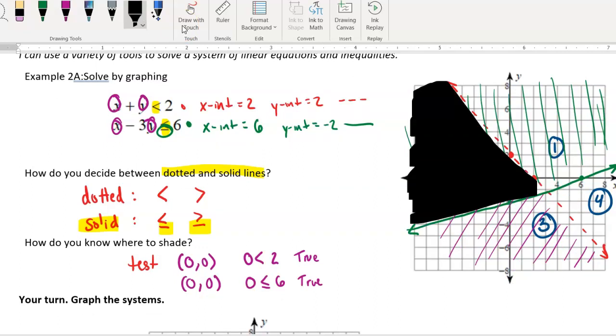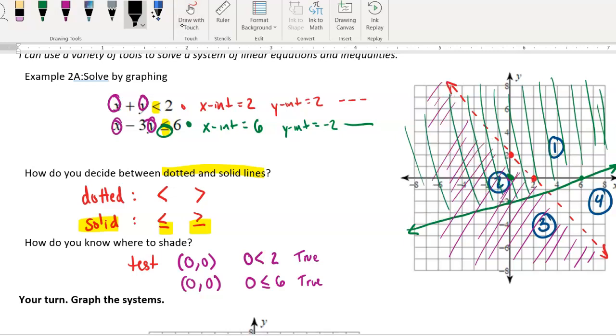So if you picked any point in there, I'm just going to erase this black section for a second. Let's say I pick a point like, let's pick this one, negative 4, positive 1. If you put negative 4, positive 1 into both of these inequalities, it should make a true statement. Negative 4 plus 1 would be negative 3. Negative 3 is smaller than 2. That is true.